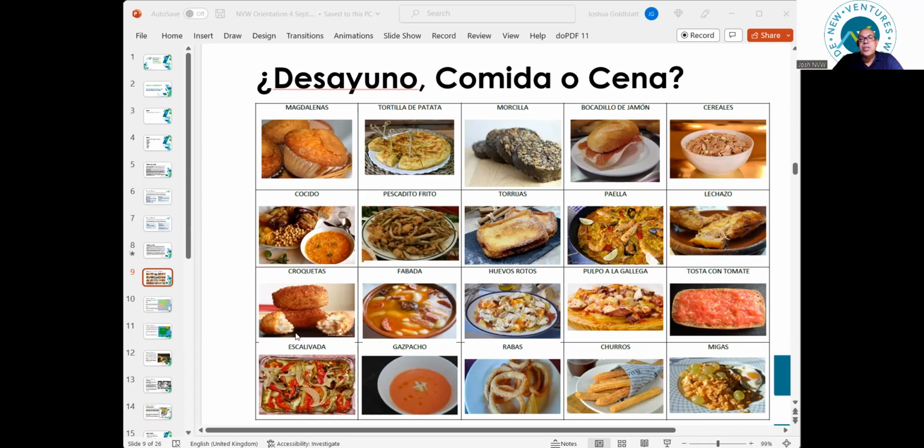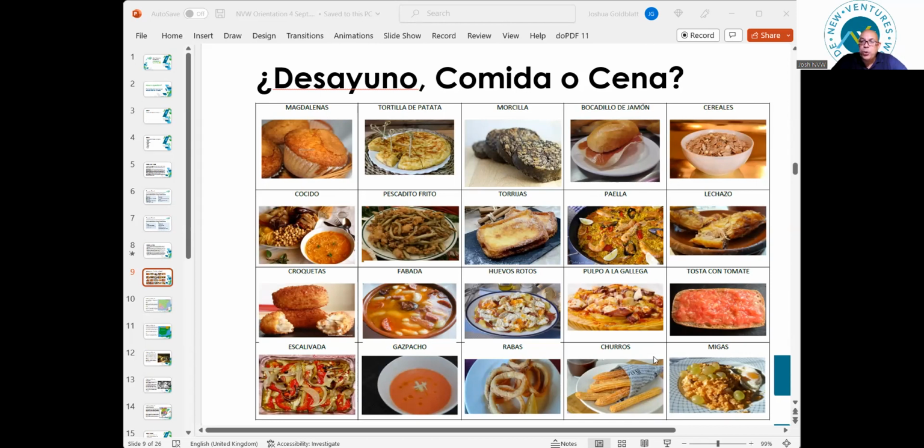But things which are more difficult, like a fabada, a paella, or a cocido, tend to take longer and are eaten as the comida. And very often Spanish families will make the food the day before in the evening and then eat it at midday the following day.